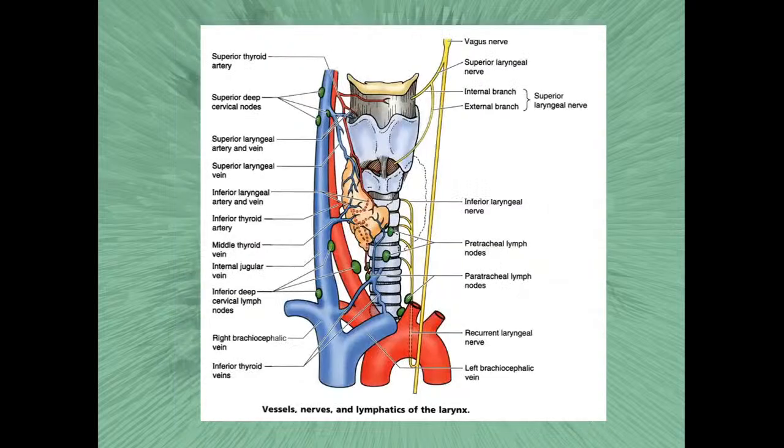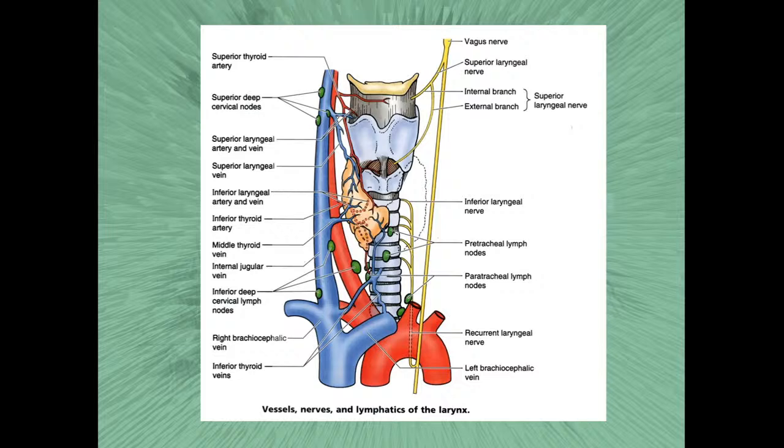As an example of the lymphatic drainage from the neck region, let's talk about the thyroid gland. This example can show you how important it is to remember the blood supply of the organ. It's very useful for understanding the lymphatic drainage.